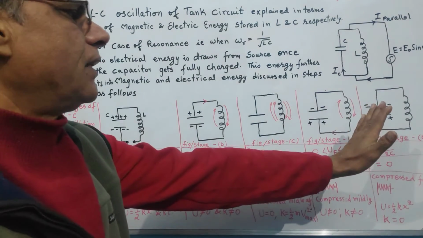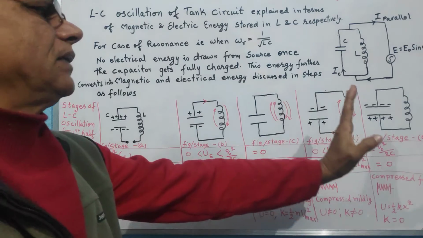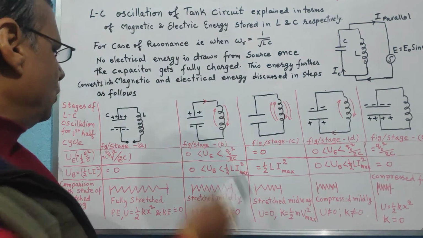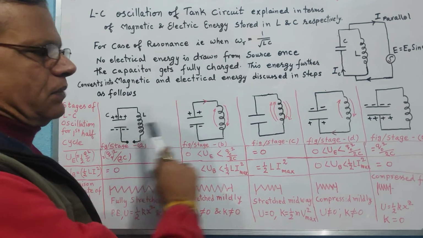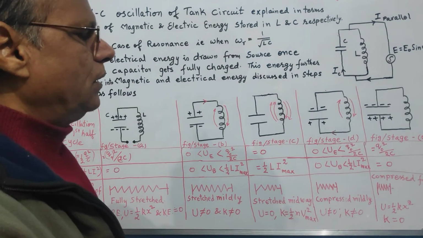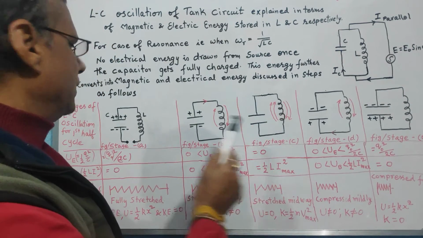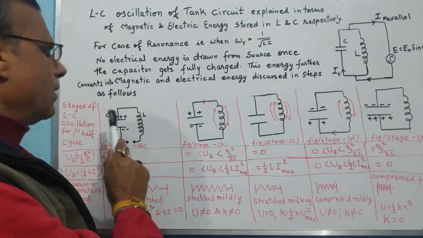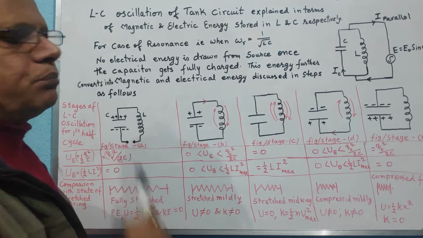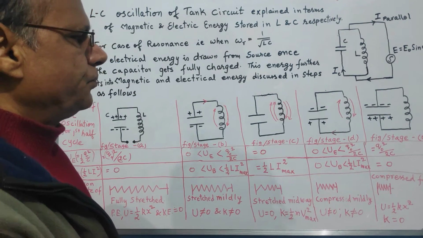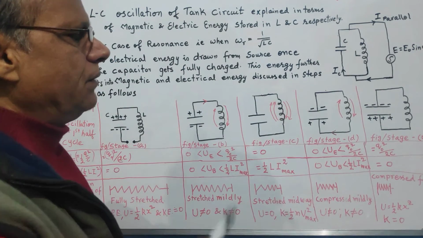So that means the half cycle of the oscillation is completed. Now the whole process from step 1 to 5 will be repeated, and finally the capacitor will have the upper plate positively charged and the lower plate negatively charged. So the whole cycle will be completed.